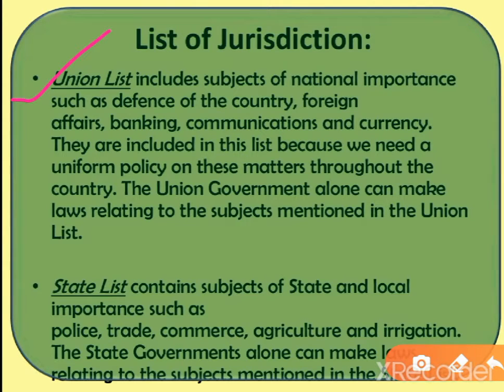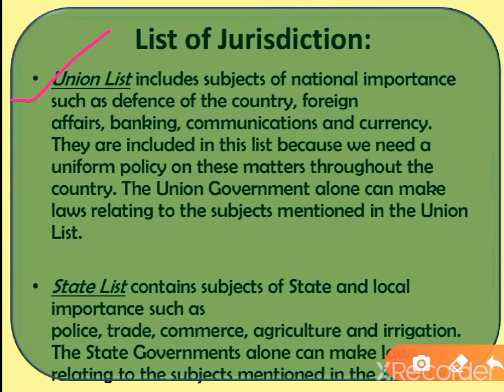It includes subjects of national importance such as defense of the country, foreign affairs, banking, communication, and currency. They are included in this list because we need a uniform policy on these matters throughout the country.